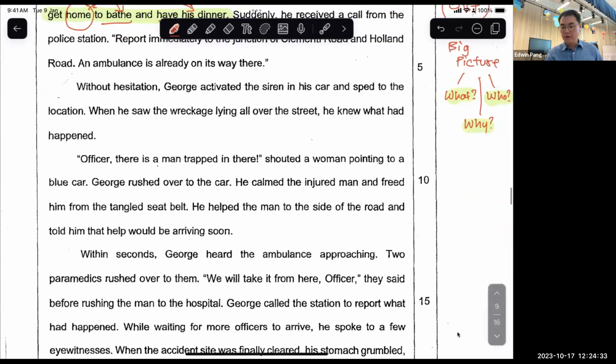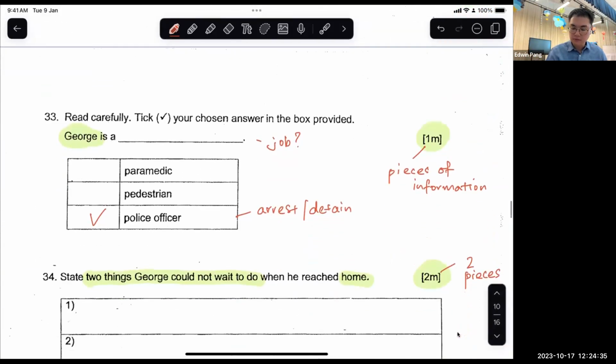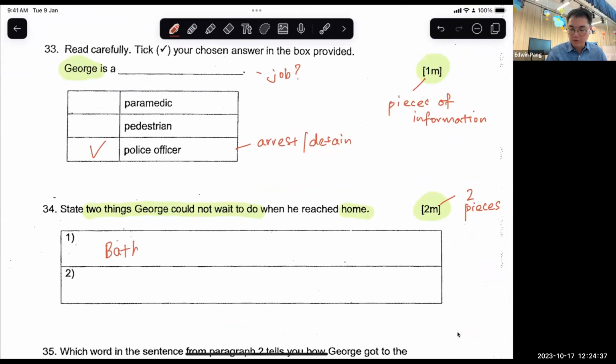Therefore, I just need to write down those 2 items. I don't need to write it in a sentence. I can simply list them 1 and 2. If I see a question with the word do, my answer must have a verb. This is a verb.